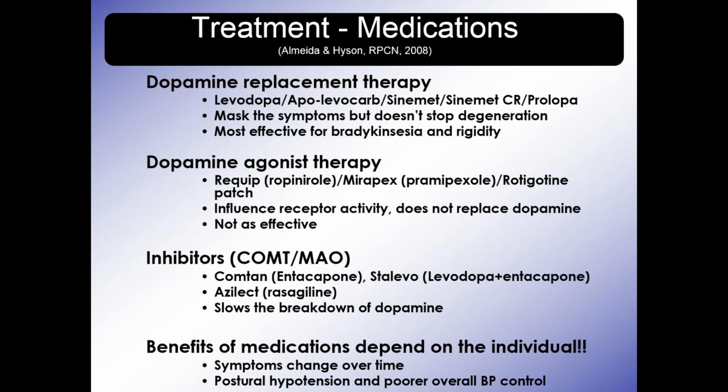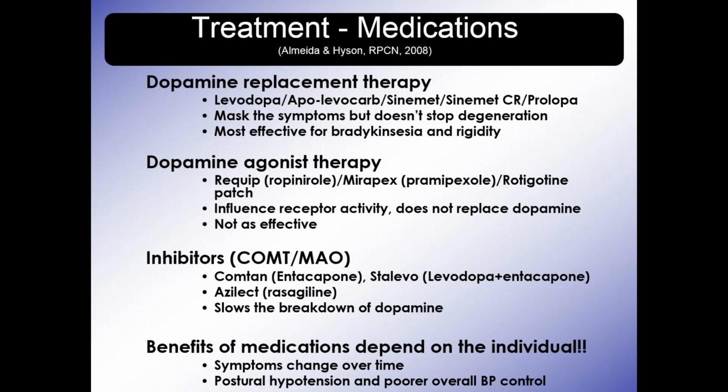The second class of inhibitors is something like Azilect or Rasagiline, which is a monoamine oxidase inhibitor or MAO inhibitor. These are also said to slow the breakdown of dopamine, but importantly, we also tend to think of things like Azilect as potential neuroprotective agents, in the sense that they might actually be rust inhibitors to the neurons, again, for simplicity's sake.